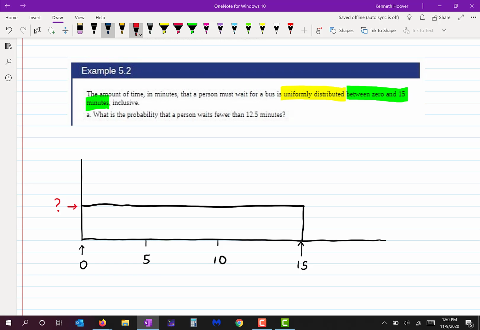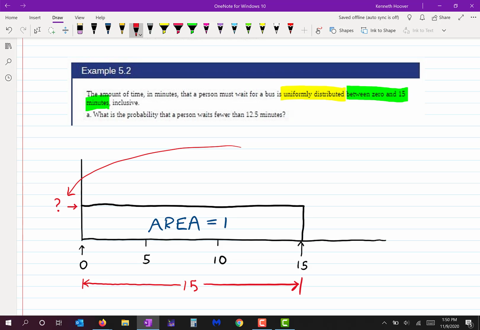If the whole area equals 1, and the width of that rectangle is 15, then the height must equal 1 divided by 15, because the height times the width equals the area. So the height equals 1/15. We won't round that off this time. Let's leave it as a fraction.